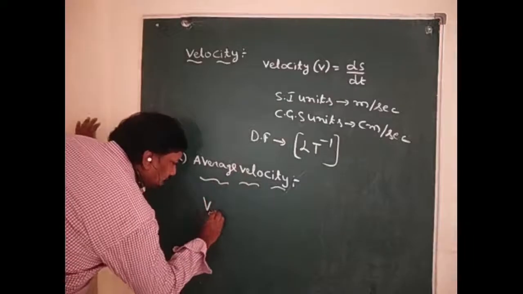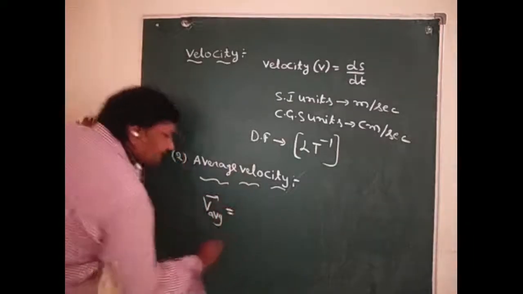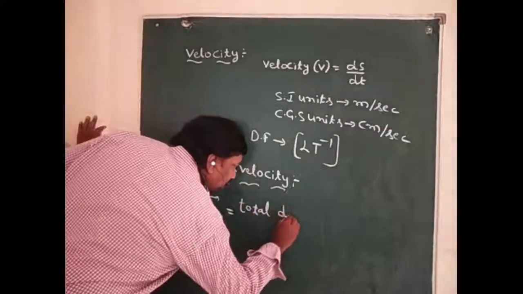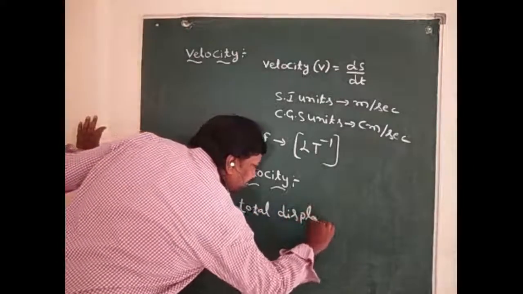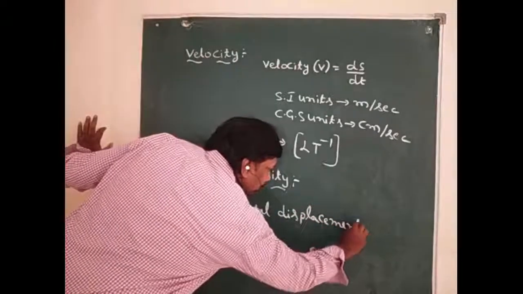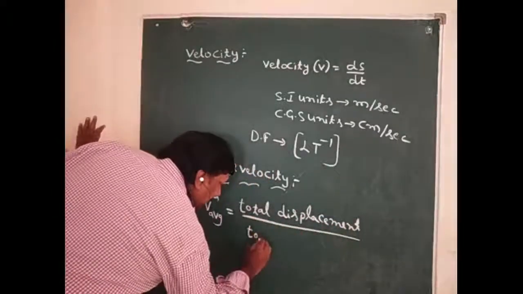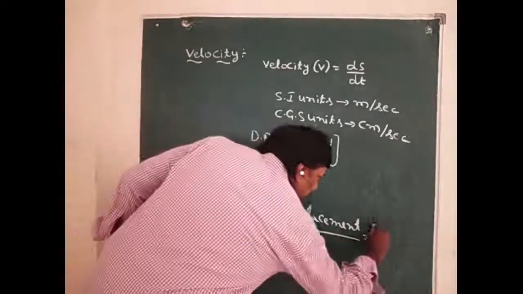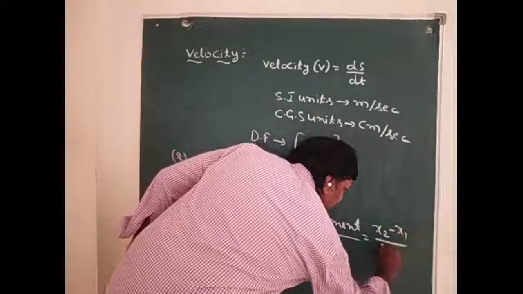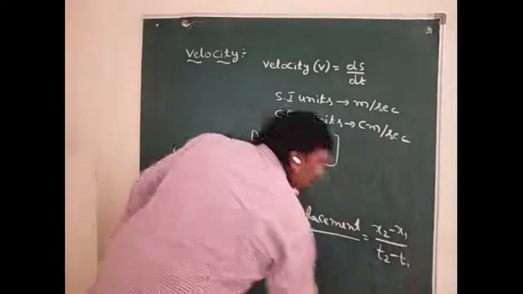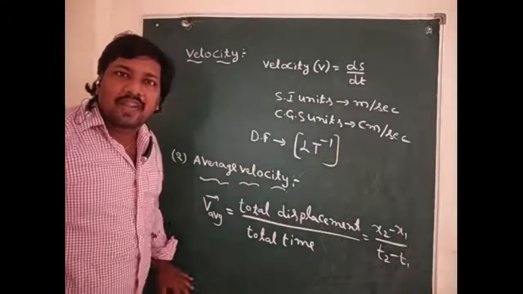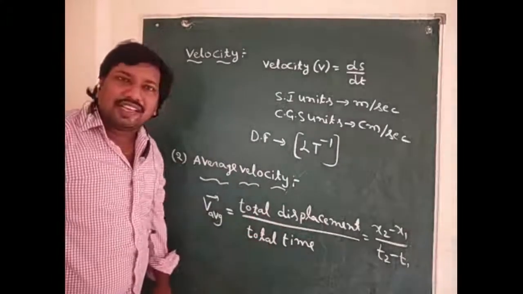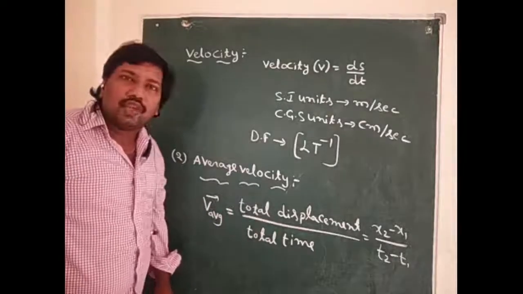Denoting it as V average bar, it equals the ratio of total displacement to total time, that is x2 minus x1 by t2 minus t1. Here x2 means final position, x1 means initial position, t1 is initial time, and t2 is final time.